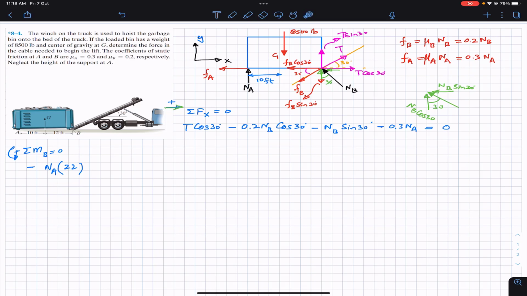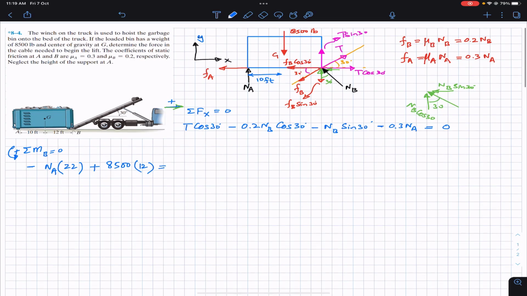Similarly, this 8500-pound force is producing a moment in the counterclockwise direction about point B. So I will write plus 8500, and the perpendicular distance of this weight from point B is 12 feet. So we will multiply this with 12. The line of action of FA is passing through point B, so it is not going to produce a moment about point B.